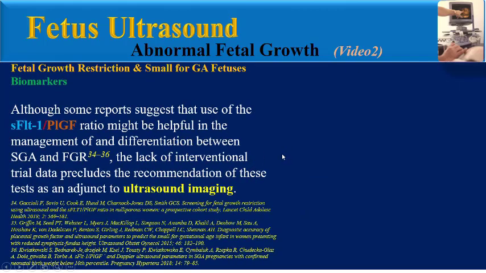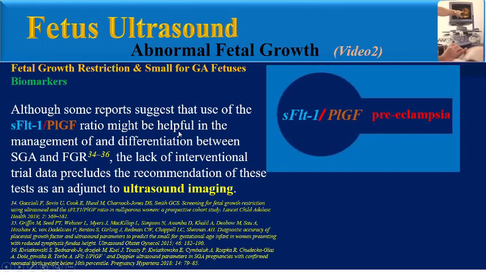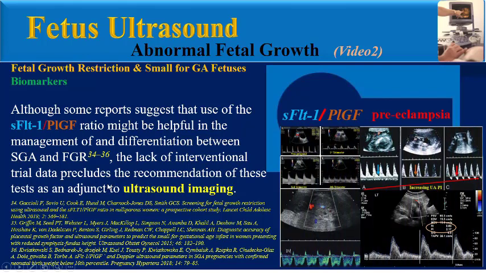Although some reports suggest that use of this ratio might be helpful in the management of and differentiation between SGA and FGR, the lack of interventional trial data precludes the recommendation of these tests as an adjunct to ultrasound imaging.